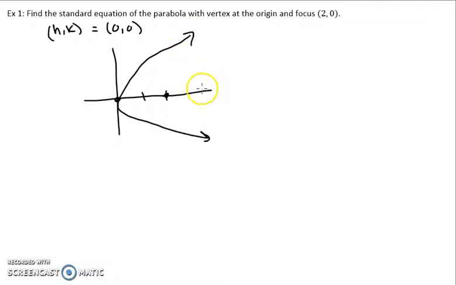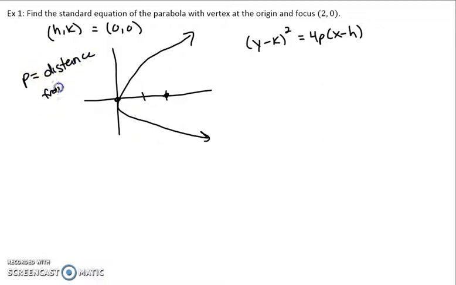So we know we're opening to the right, which means this is going to be in the form (y minus k) squared equals 4p times (x minus h). Well, we know h and k are 0 and 0. P, remember, is the distance from the vertex to the focus.